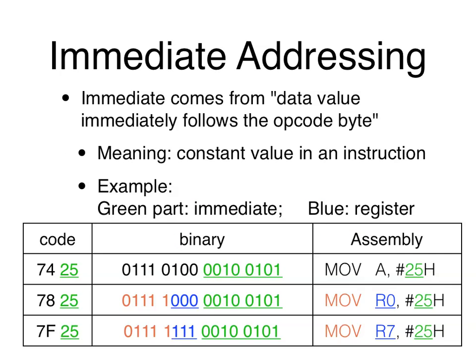Now, immediate addressing, as I mentioned, comes immediately after the opcode. So let's take a look, right? If you have move A comma pound sign 25, where is that 25? Well, it follows immediately after your opcode. So the opcode for move A, that's the 0111 0100. And then 25 is that green part underlined, right?